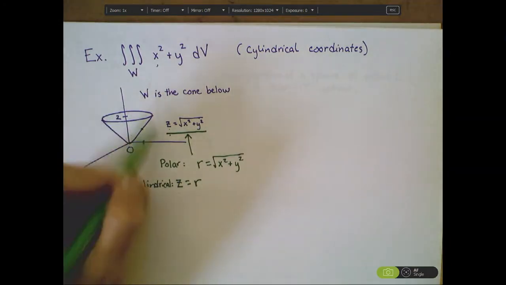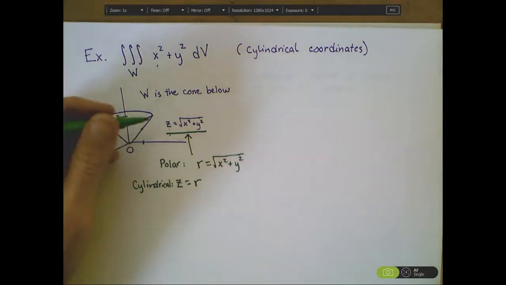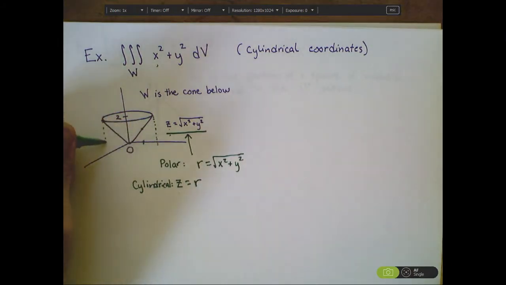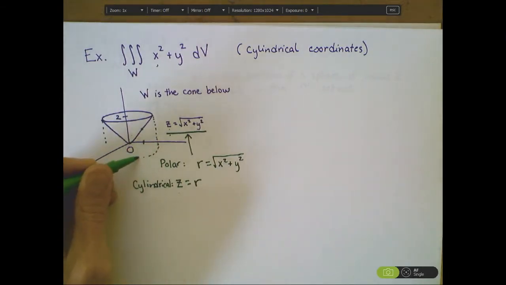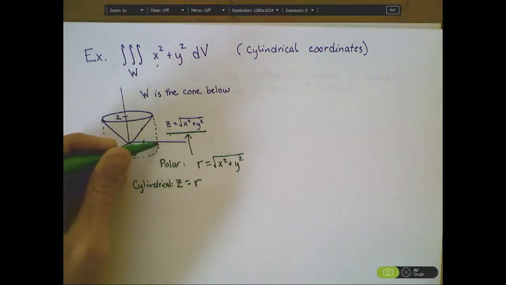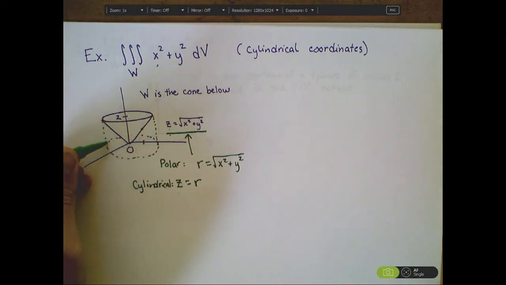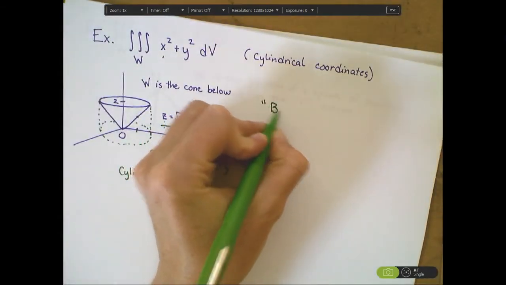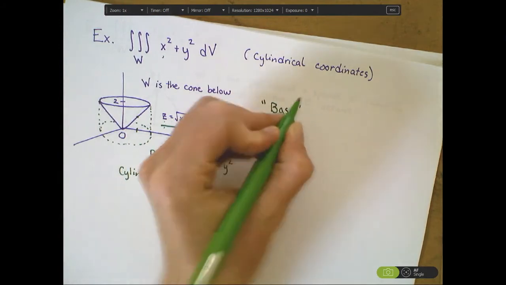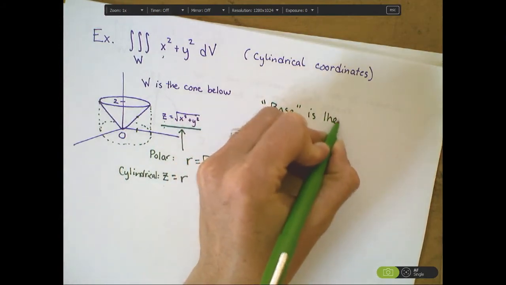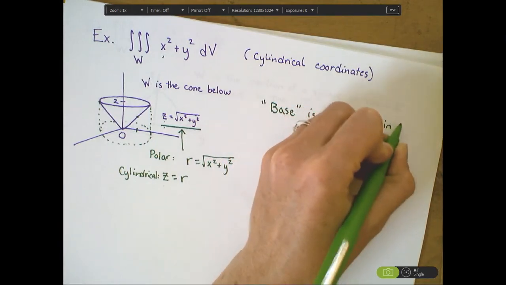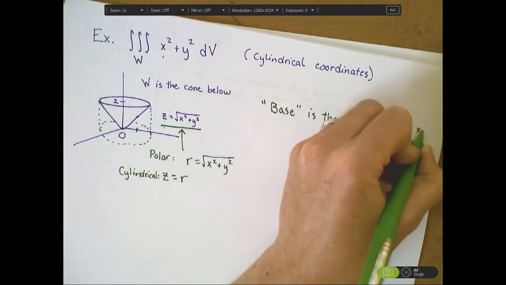Let's look at the bounds of this region. First, we have to think about what happens if we project this down into the xy plane. What are the polar bounds of the base of this region? So I'm going to say the base is the shadow in the xy plane.